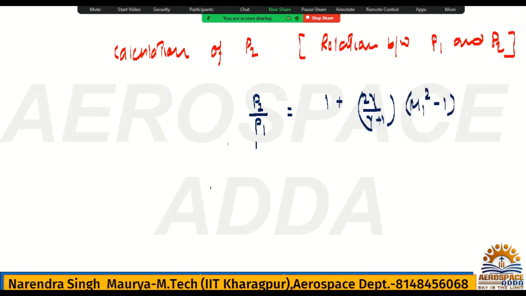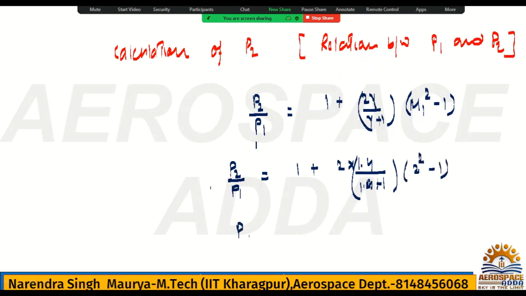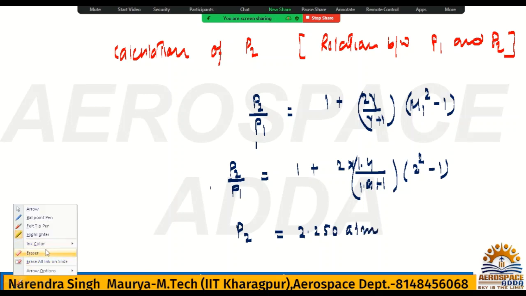So P2 by P1 is 1 plus 2 times 1.4 divided by 1.4 plus 1, and M1 is 2, square minus 1. P1 is already given. If you do the calculation, what value of P2 you will get? P2 you will get 2.250 atm. P1 they have given 0.5 atm, right?